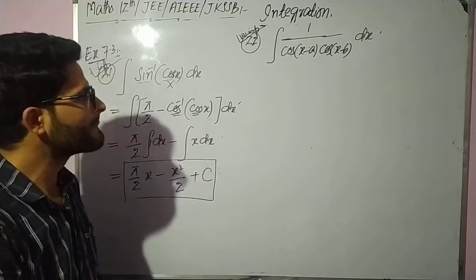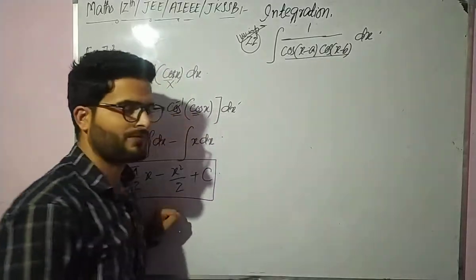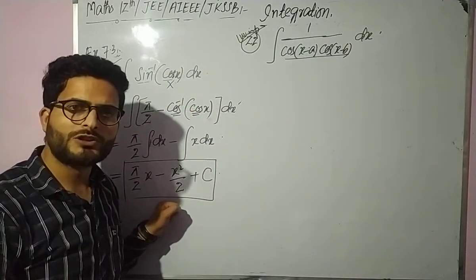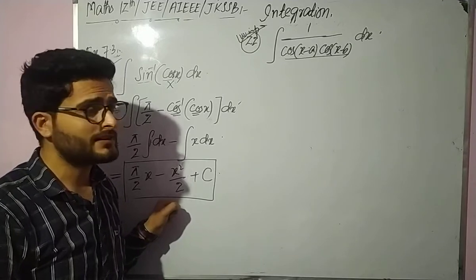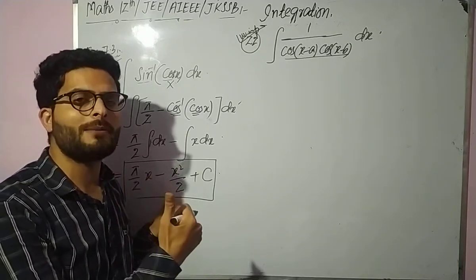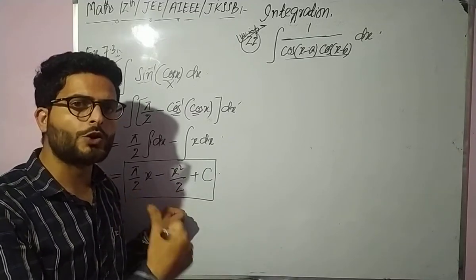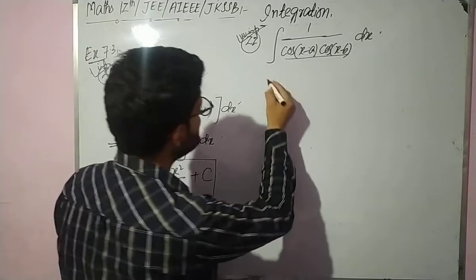So क्या करेंगे, चूंकि हमारे पास डिनोमिनेटर में cos है, cos का डेरिवेटिव होता है माइनस sin। माइनस तो ले सकते हैं, लेकिन न्यूमरेटर में हमारे पास sin होना चाहिए। तो हम कोशिश करेंगे न्यूमरेटर में sin इंट्रोड्यूस करना। तो कैसे आएगा?